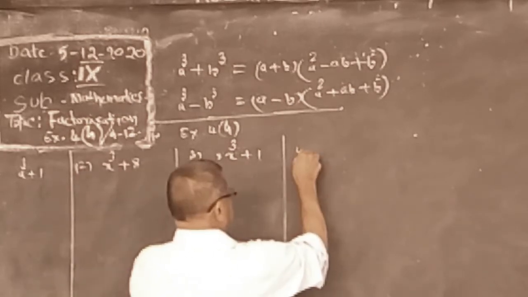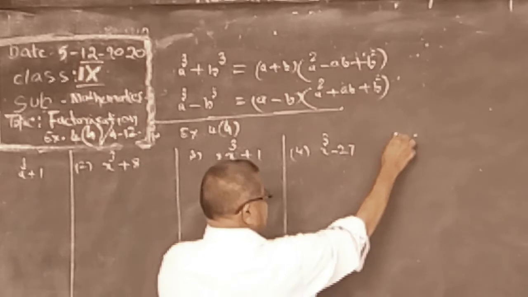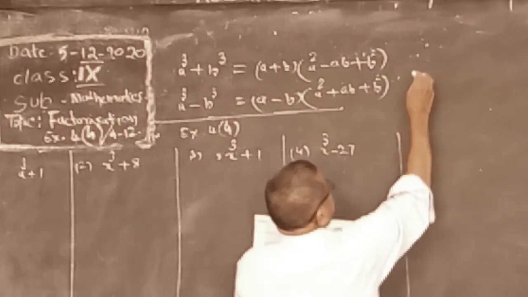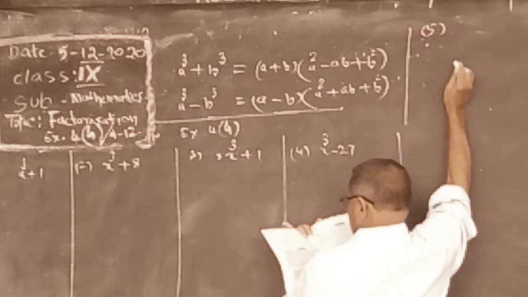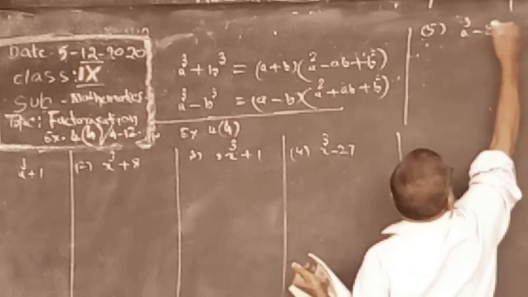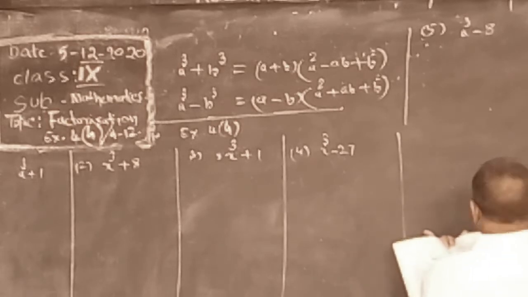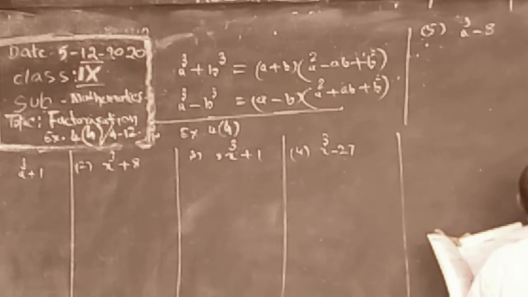Fourth, x cube minus 27. And fifth, a cube minus 8. Sixth, 27m cube minus 8.